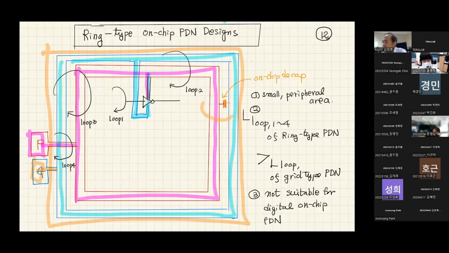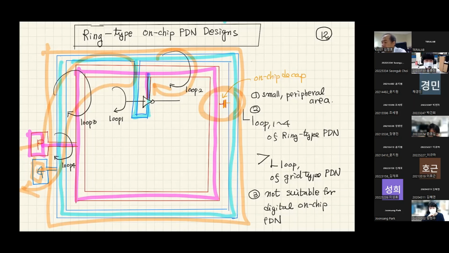And I'm assuming that we have decoupling capacitors. Then we're going to have a loop. This on-chip loop is quite large, and we have an external loop from the decoupling capacitor to this loop. So depending on your on-chip PDN designs and placement of decoupling capacitors, you're going to have different loops for high frequency switching current and low frequency switching current.